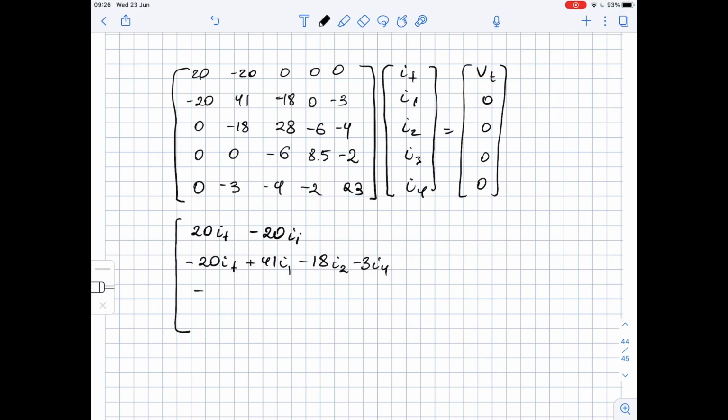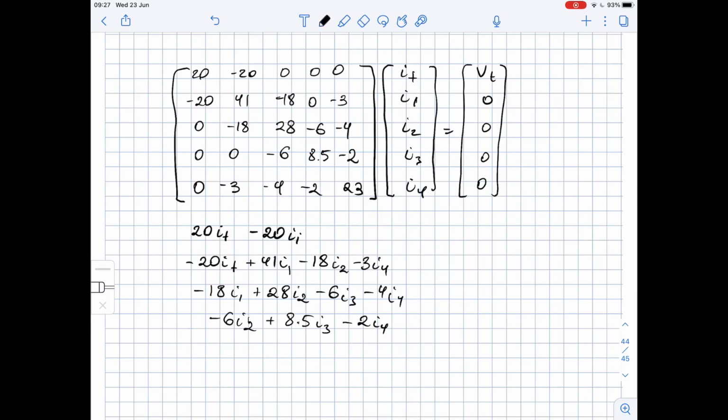Next we have negative 18 I1 plus 28 I2 minus 6 I3 minus 4 I4. Next, negative 6 I2 plus 8.5 I3 minus 2 I4.